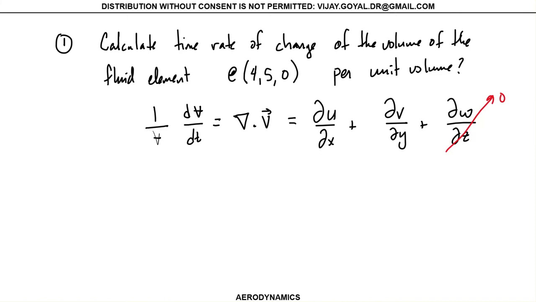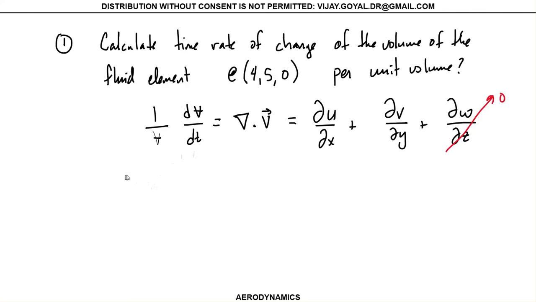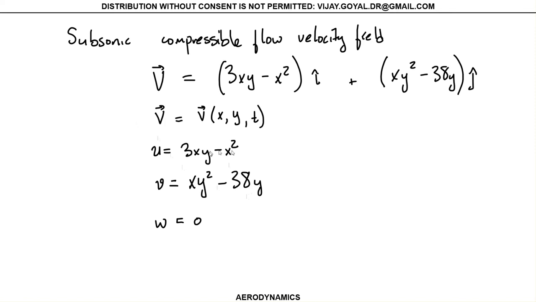So now I can take these quantities and I can take the derivative of these quantities as I need, right? So your partial of u with respect to x will be nothing else than 3y minus 2x. That comes from this equation right here.